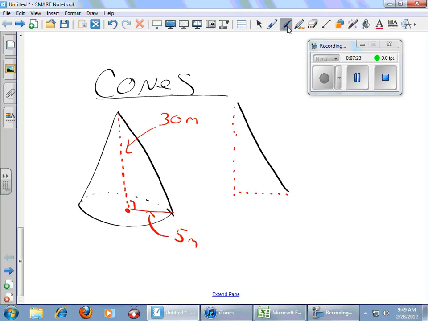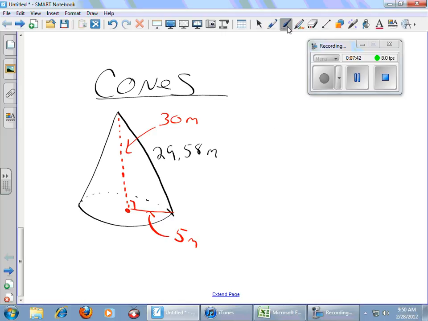Looks like that slant height is about, and I'll write it over here, 29 and 58 hundredths meters tall. Okay, it's a pretty big cone. All right, maybe it's a storage cone. They're storing salt in it or something like that for the highway on the turnpike.